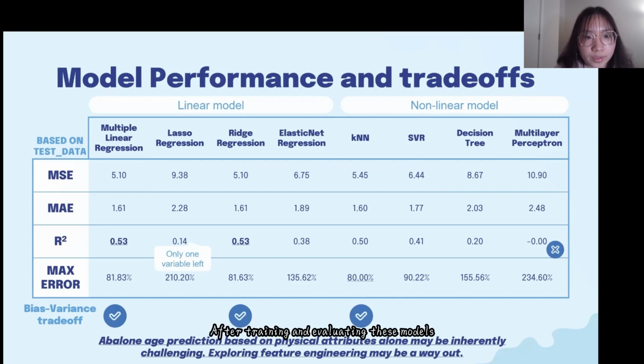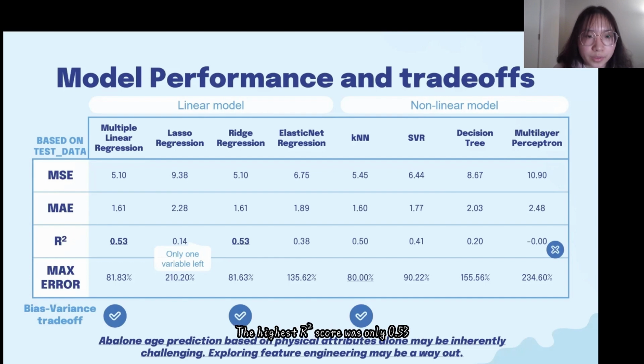After training and evaluating these models, the results show that MLR, ridge, and KNN performed relatively better, achieving the lowest MSE, MAE, and the highest R-square. Considering the bias-variance trade-off, these 3 models were the most reliable due to their simplicity, interpretability, and relatively stable performance. However, the overall model performance was unsatisfactory, as none of the models achieved high predictive accuracy.